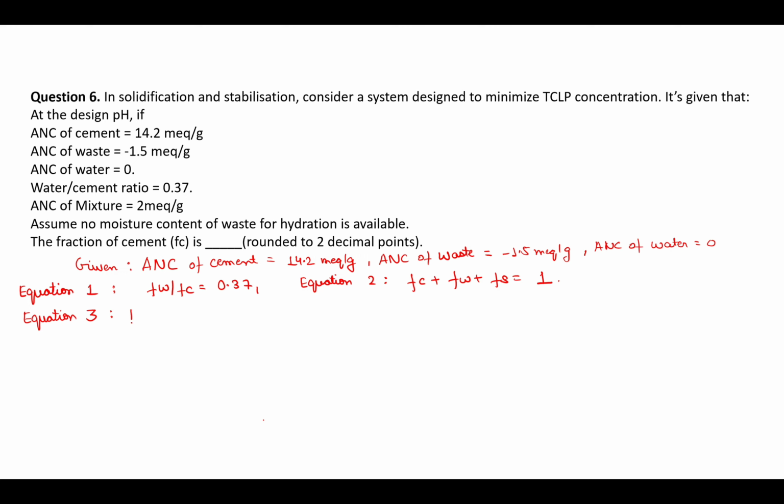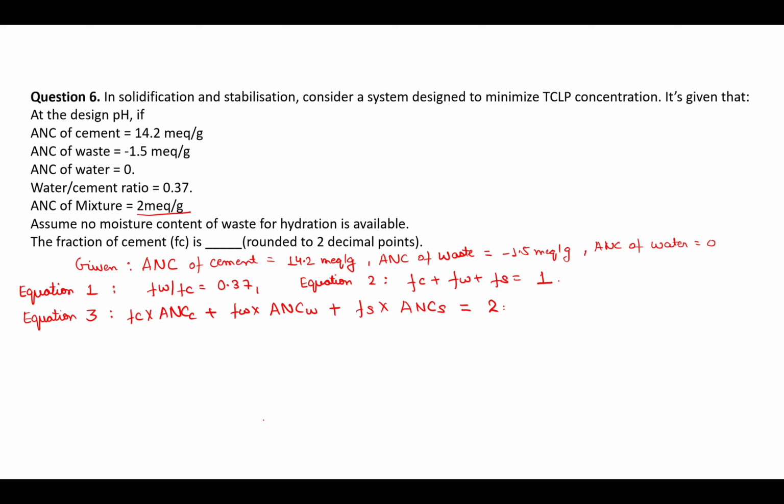So fraction of cement into acid neutralization capacity of the cement plus fraction of water into acid neutralization capacity of water plus fraction of waste into acid neutralization capacity of waste will be equal to ANC of mixture, which is 2 milliequivalent per gram.